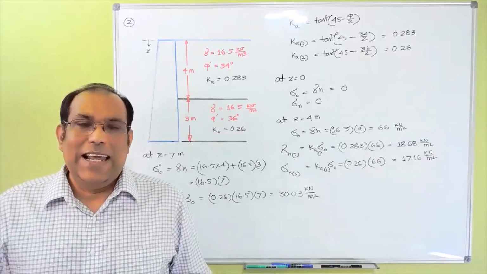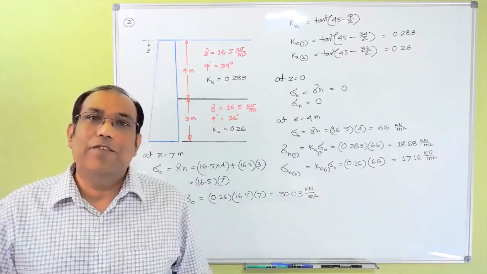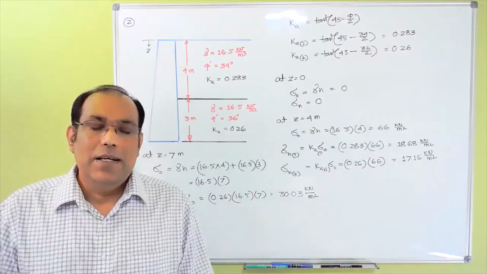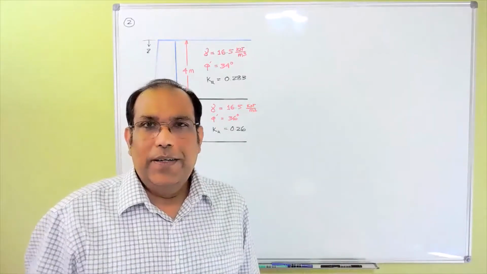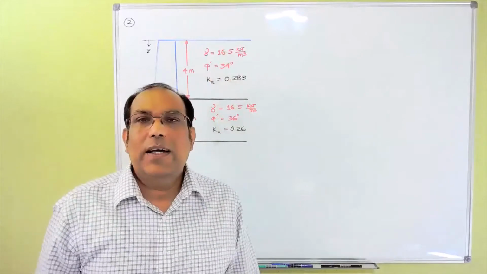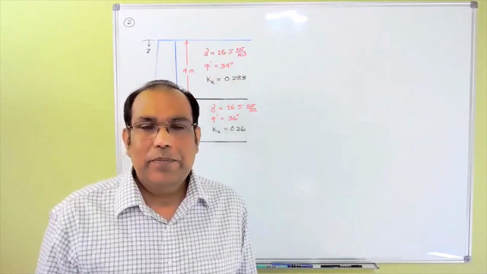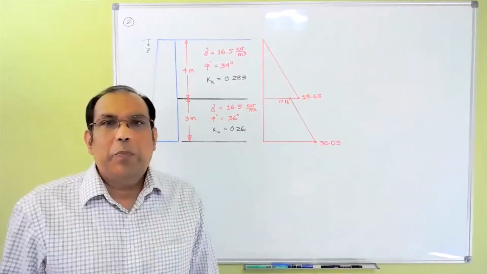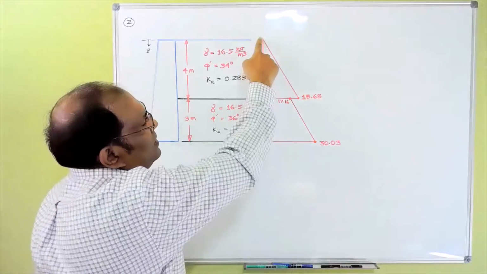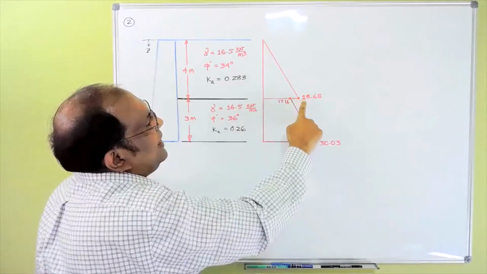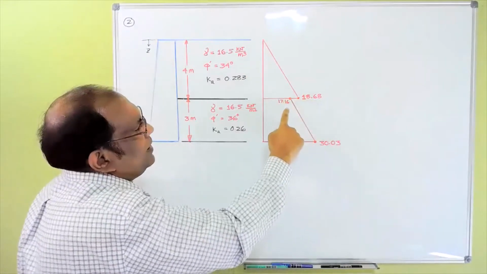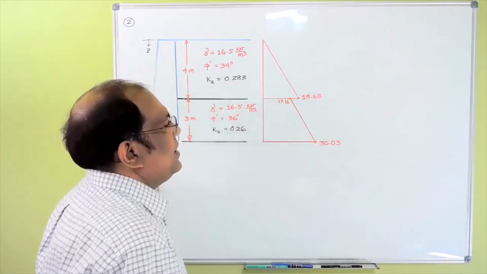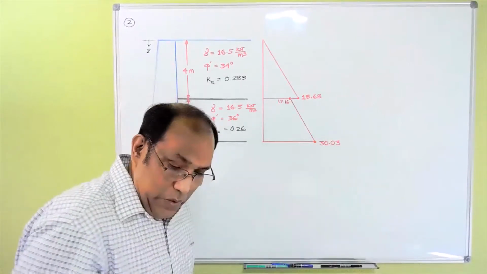Now they're asking not the pressure, they're asking for the force working per meter length. So let me draw that one here so that you can understand easily. So this is the diagram of pressure. You can see here is 0. Here is 18.68, and when you go a little bit down, then 17.16, and when you come to the bottom, this is 30.03.